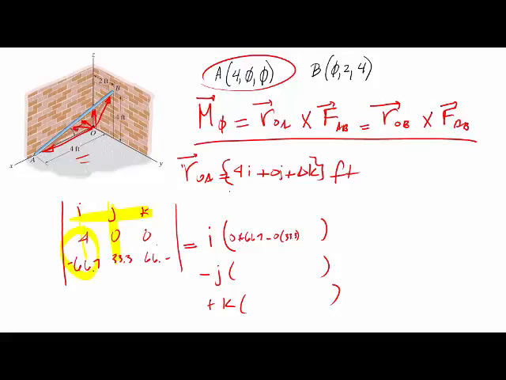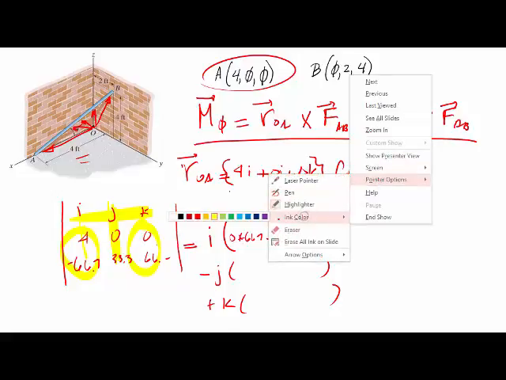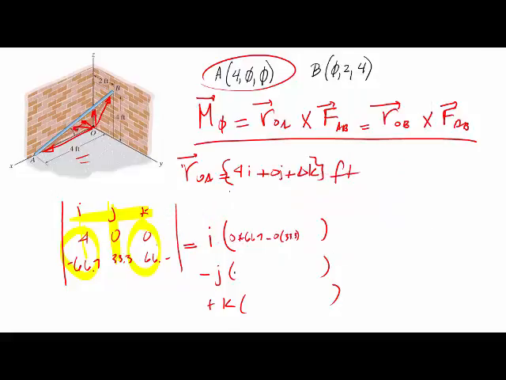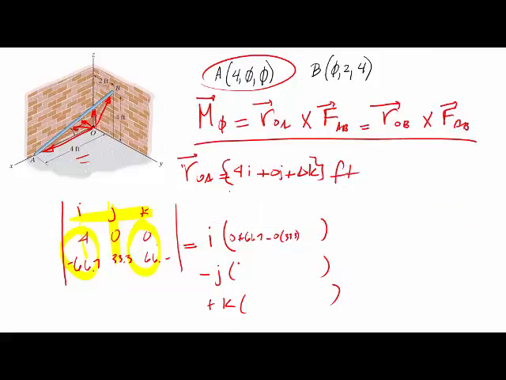Here you have this part and this part. It would be what? Minus J, and it would be what? So it would be 4 times 66.7 minus 0 minus 66.7, correct?